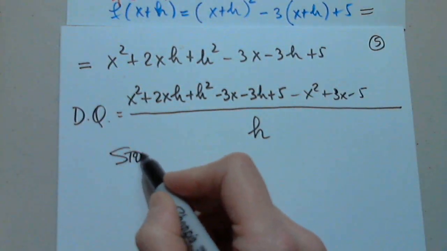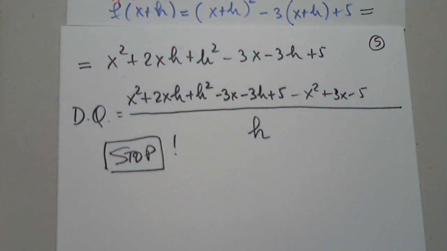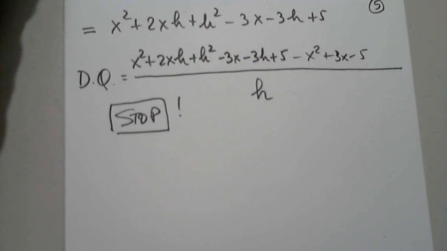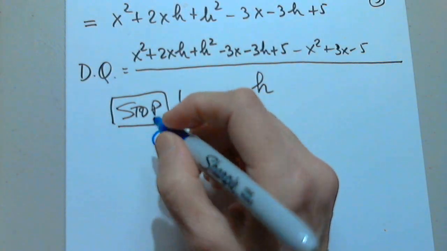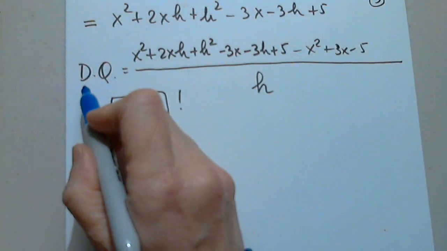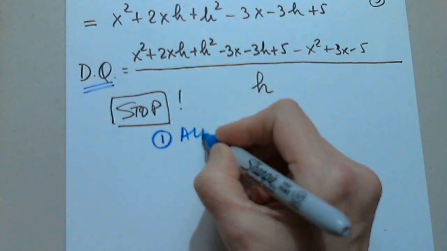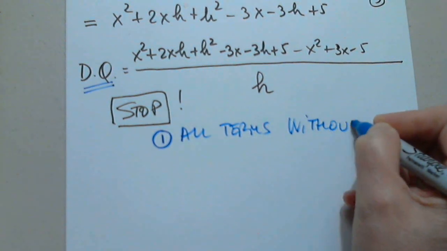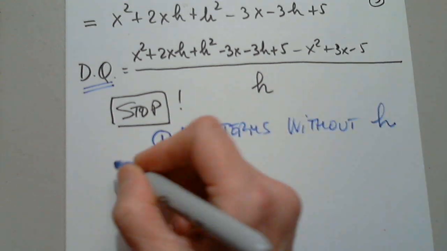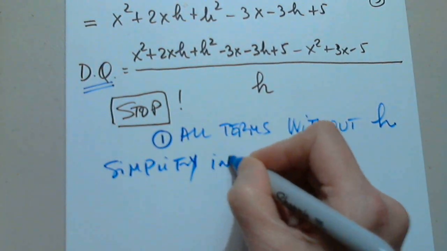At this point, I'm going to say stop because there are 2 notes that I have to put in before I continue. Crucial notes, very important notes. Number 1, for any function, when we determine the difference quotient, it is mandatory that all terms without h simplify in the numerator.